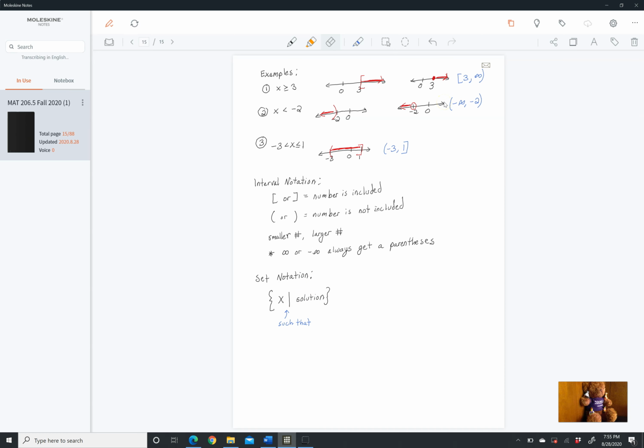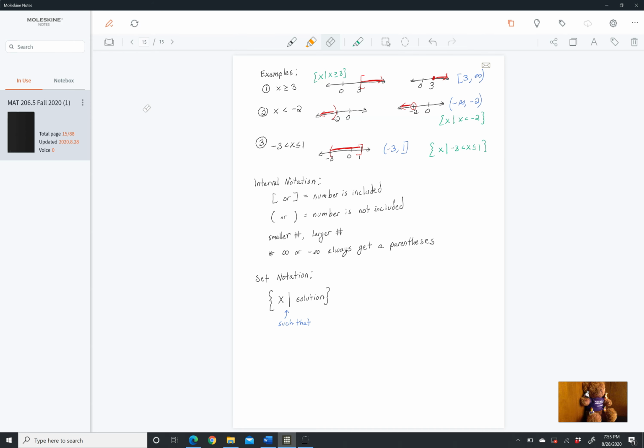So up here, your set notation, which I'll put in green, would just be an open brace, you would write x such that -3 is less than x is less than or equal to 1. This one would be x such that x is less than -2. And this one would be x such that x is greater than or equal to 3.